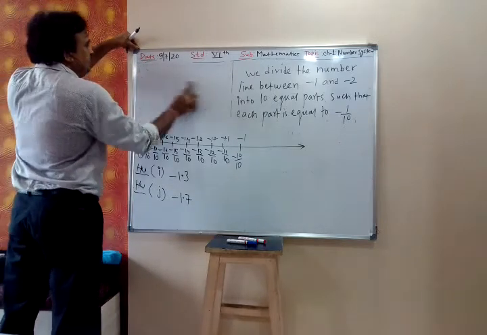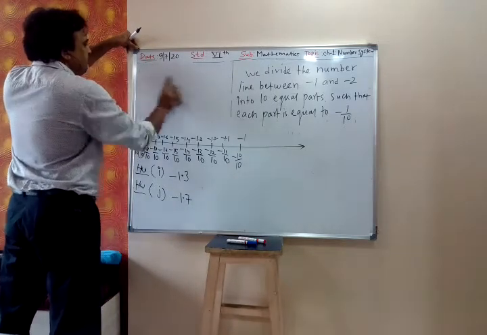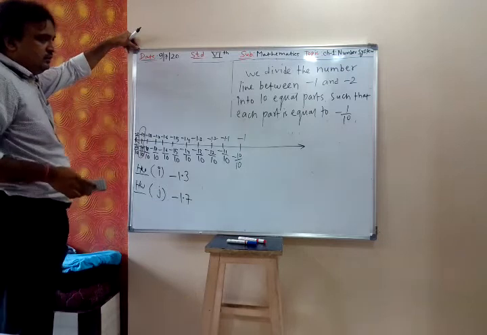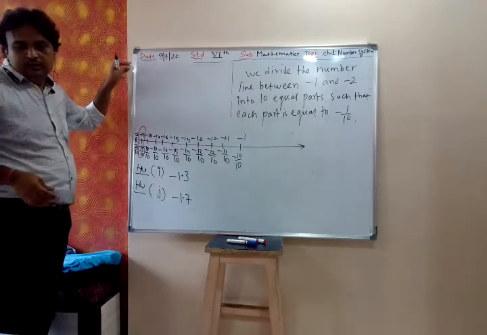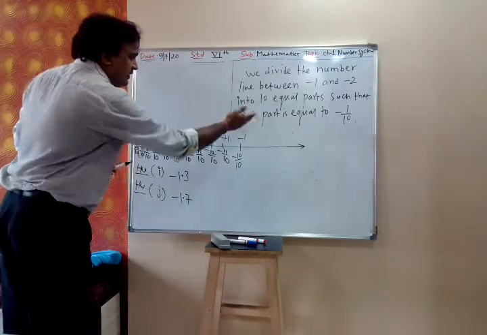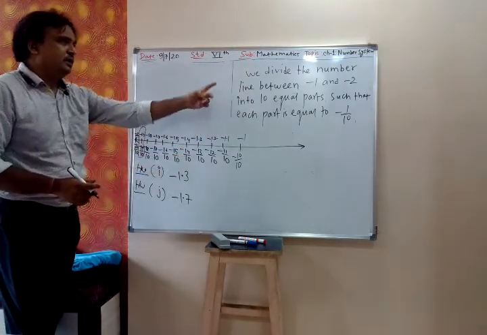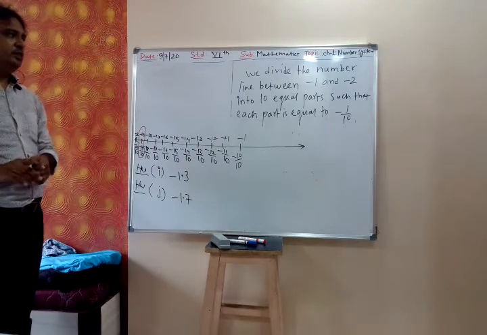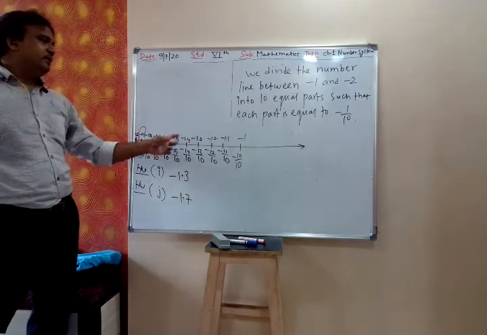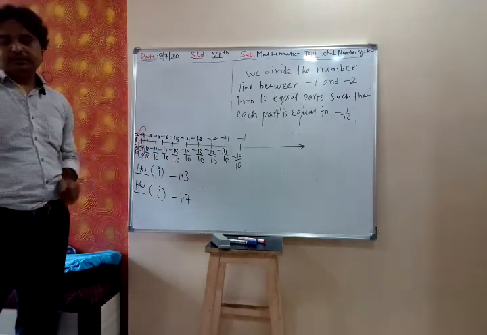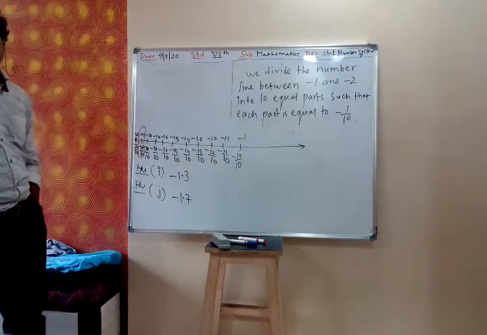Add the following fractions using number line. This explanation you have to write there: we divide the number line between minus 1 and minus 2 into 10 equal parts.